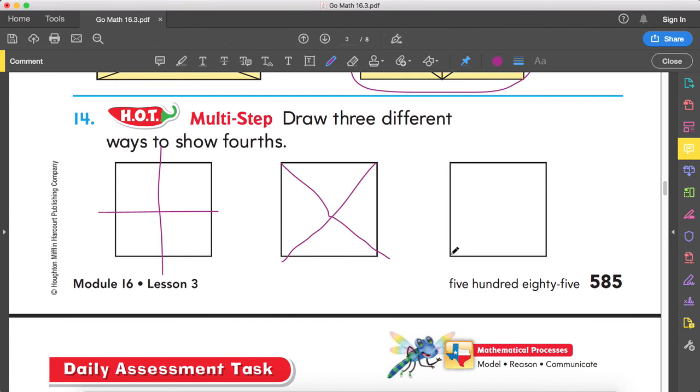For a third way, we could do, no, because that diagonal is already taken. Vertical and horizontal is already taken. Anyways, I'm primarily concerned with these 2 ways: 4 equal squares or 4 equal triangles.